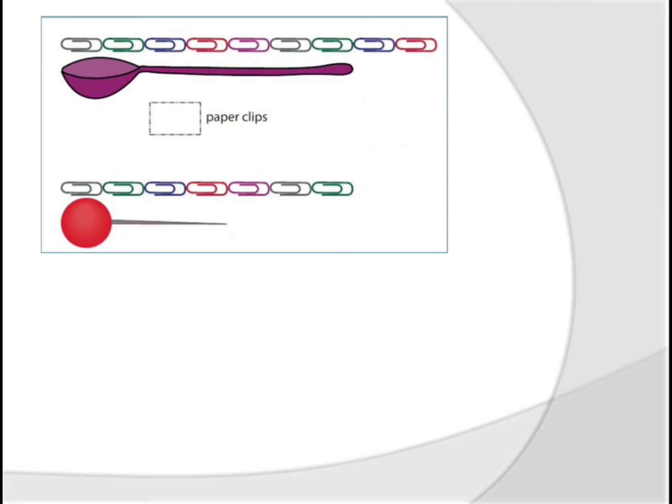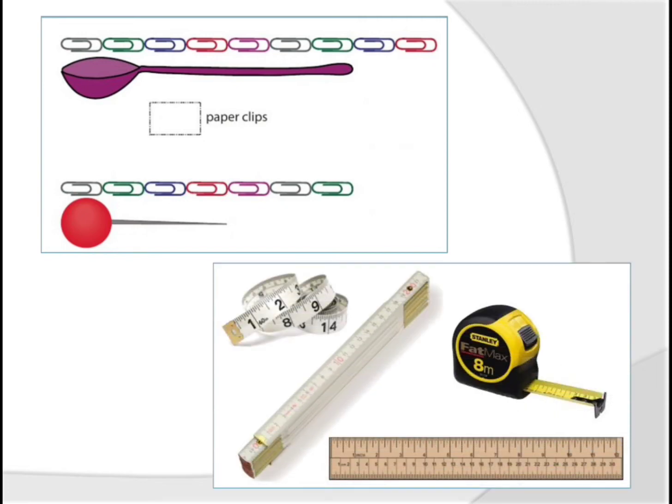After that they started using standard tools to measure length: inch tape, ruler, steel tape. All these are standard tools people started using, in which the smaller objects are measured in millimeters.